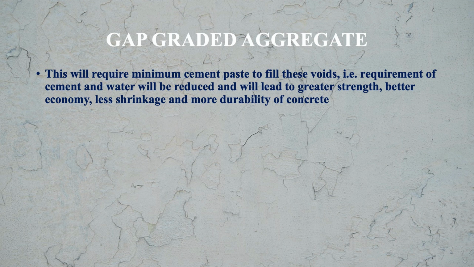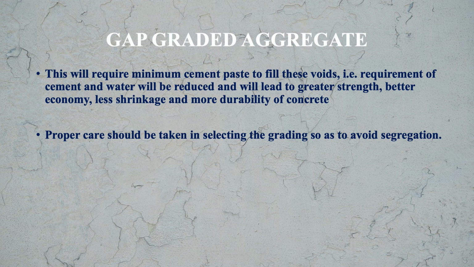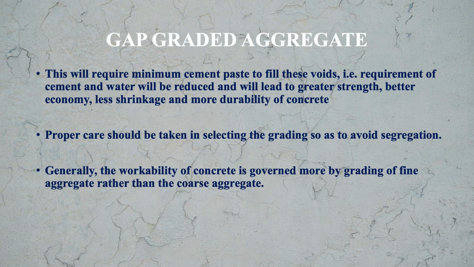That is, the requirement of cement and water is reduced, which leads to greater strength, better economy, less shrinkage and more durability of the concrete. So this is the advantage. Also, proper care should be taken in selecting the grading so as to avoid segregation. Generally, the workability of concrete is governed more by the grading of fine aggregate than the coarse aggregate.